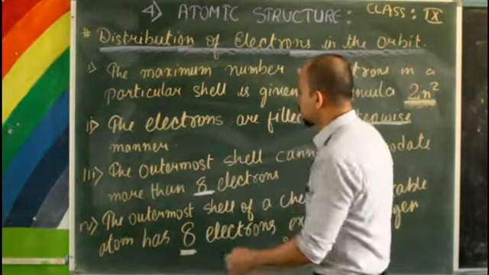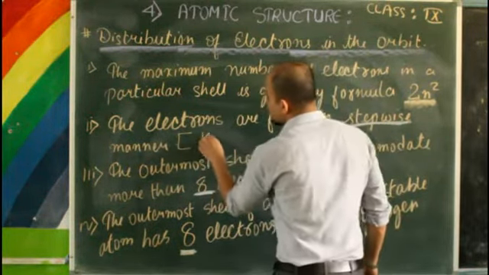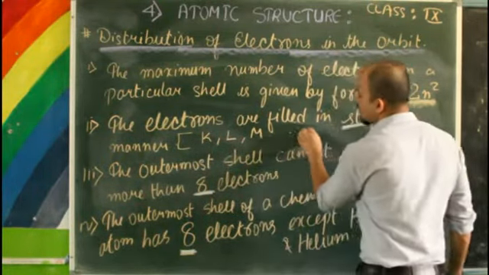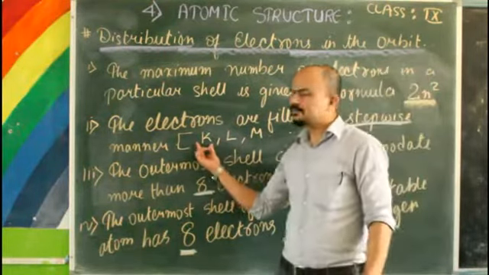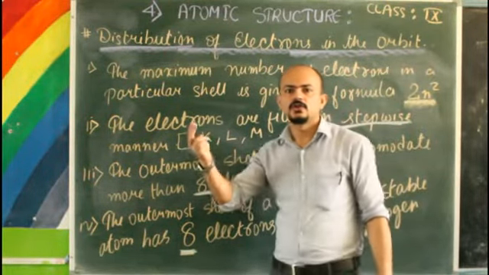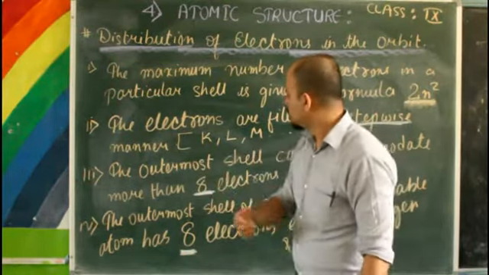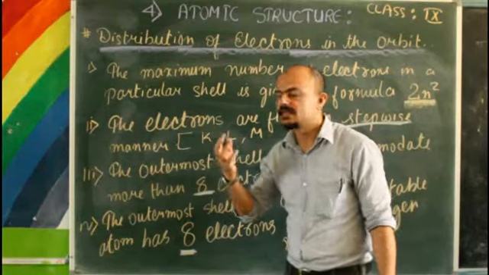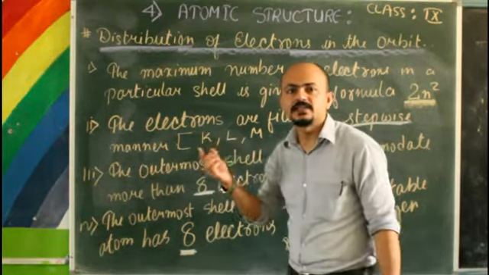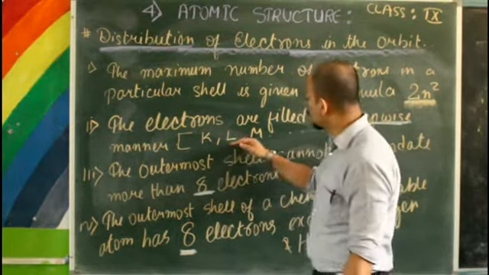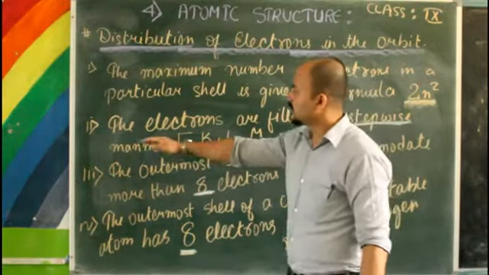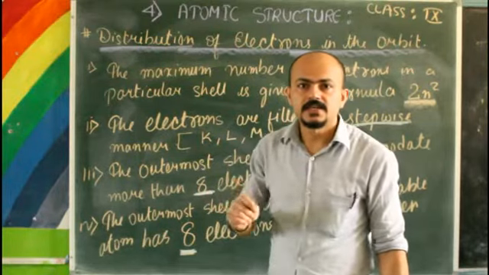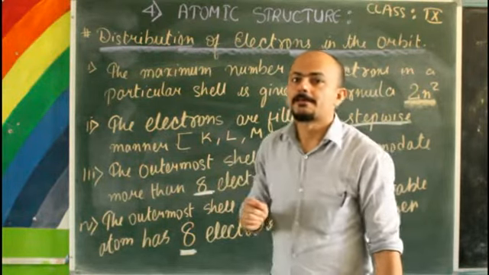It always starts from filling the K shell, the innermost shell, then L, then M, and it goes on like that. The maximum capacity of the K shell is 2 electrons. For the L shell, the maximum capacity of holding electrons is how many? It is 8. And it goes on like that. So the second point tells us that electrons are filled in a certain regular stepwise manner.